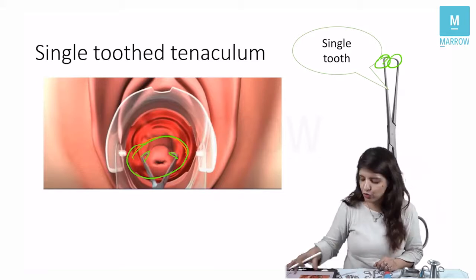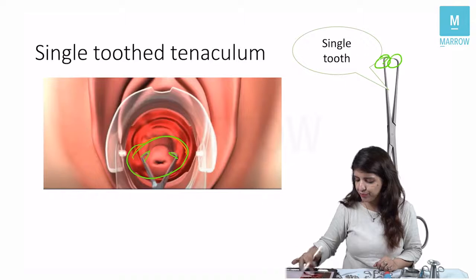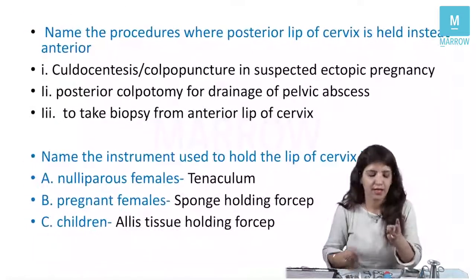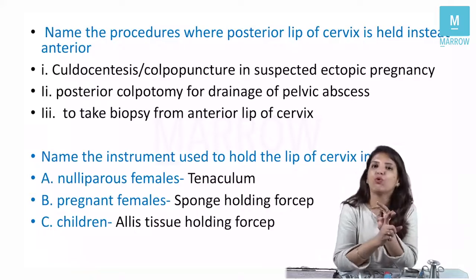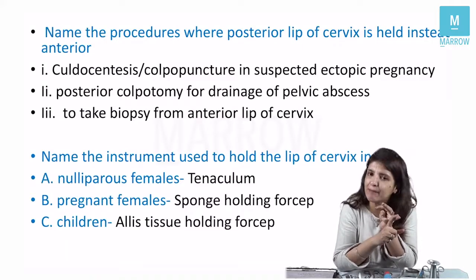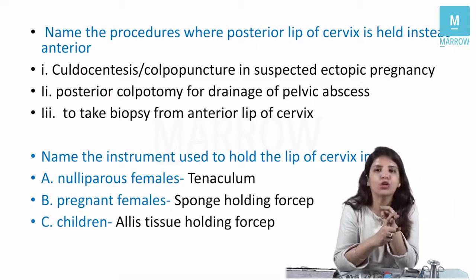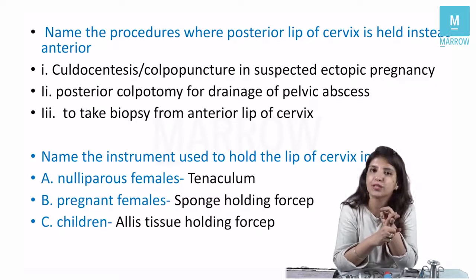So now I have told you three conditions. Three instruments, right? Number one, if you have to hold a non-pregnant multiparous female's cervix, you are going to use a Cellum. If you have to hold a non-pregnant nulliparous female's cervix, you are going to use a Tenaculum.